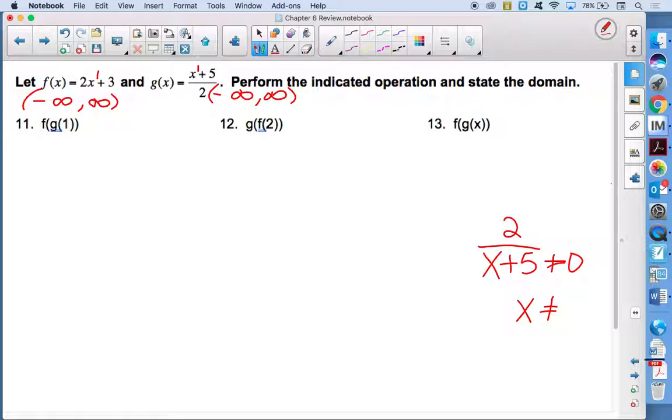If you add the 5 to the other side, Sam, and solve for x, what do you get? Negative 5. So x cannot be negative 5. That means your domain is everything but the number negative 5: negative infinity to negative 5, and negative 5 to infinity.